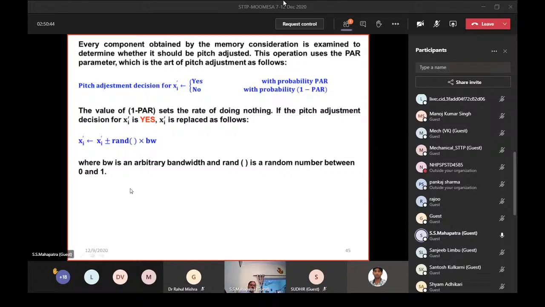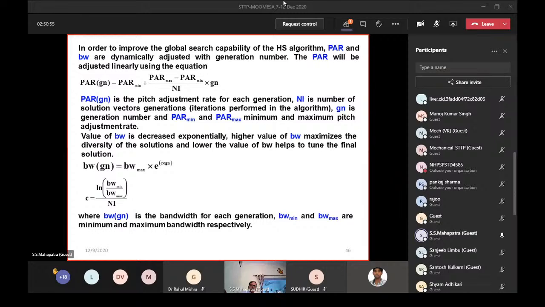Now this pitch adjustment rate is dynamically changed from one generation to another generation. Okay, so the bandwidth in a generation will be given by an equation: bandwidth BW max multiplied by e to the power c into gn, where gn is the generation number or iteration number.